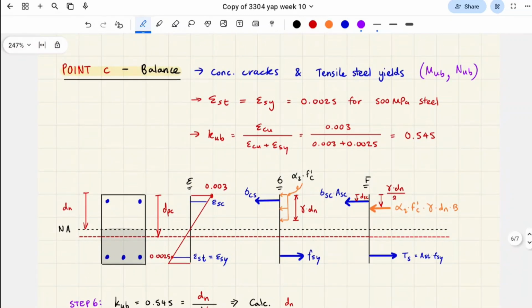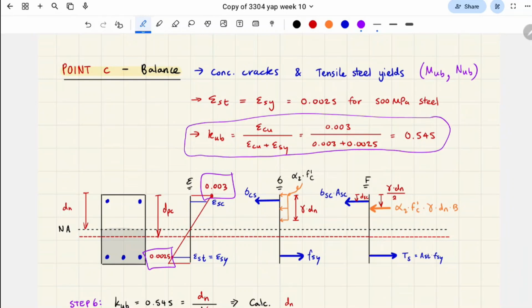Let me just start with this. This is the stage where the concrete cracks, which is this, and the tensile steel yields, which is this, at the same time. And so for both of these assumptions, our ductility turns out to be 0.545, based on our case of 500 MPa steel with an elastic modulus of 200 GPa.